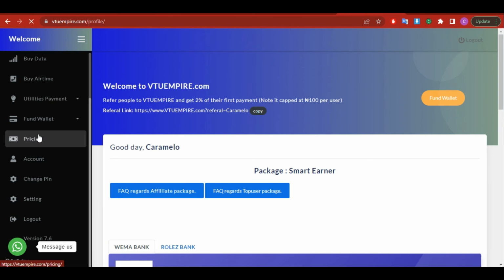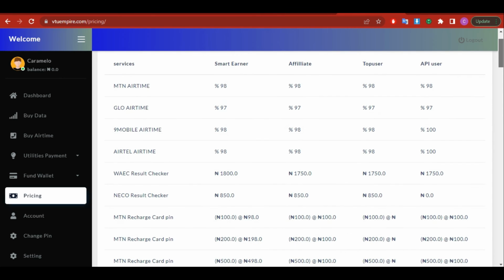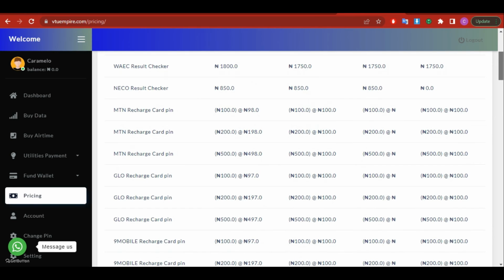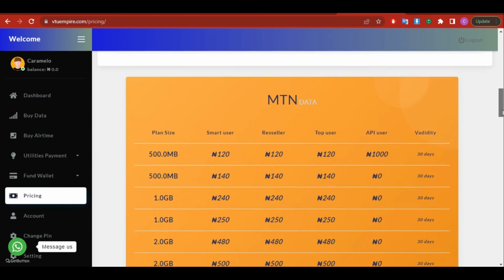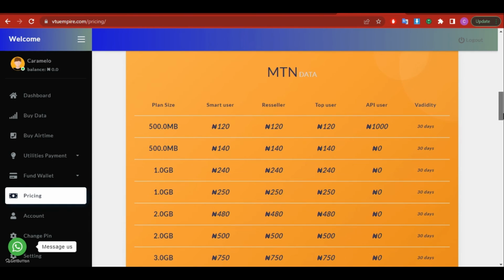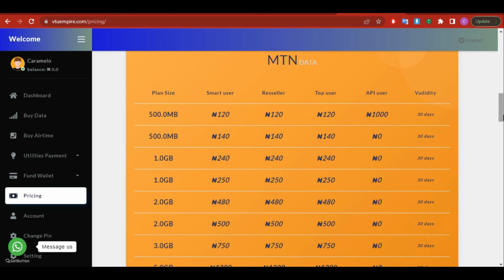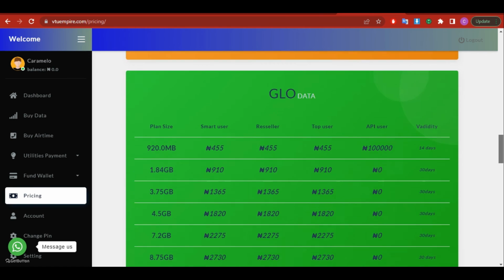So, pricing. You can see we're on Airtel, right?